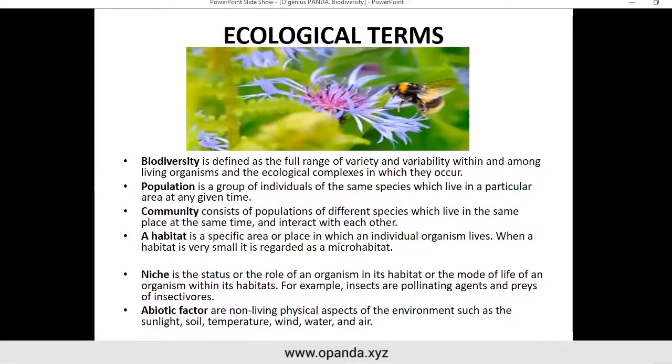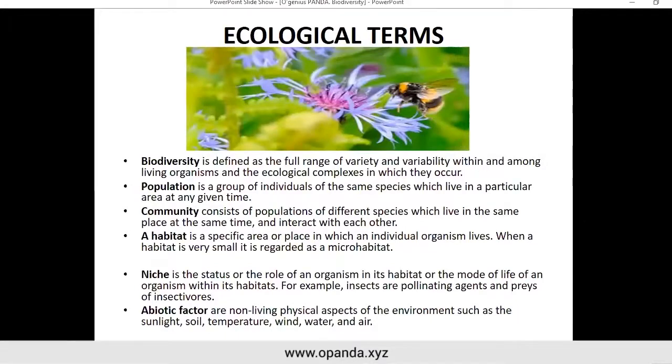Then we should know population: a group of individuals of the same species. When we talk about population, don't rush to understand man only. We can talk about the population of plants, a population of cows, a population of insects, etc.